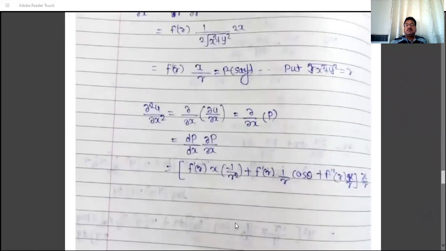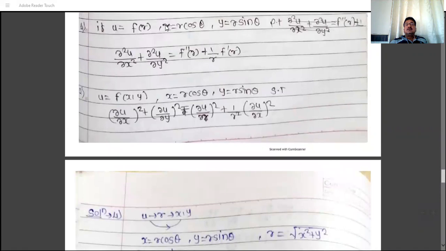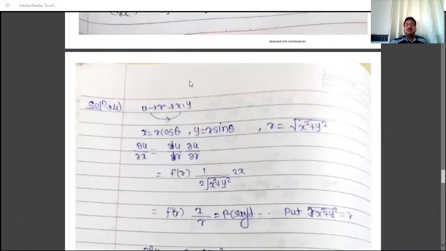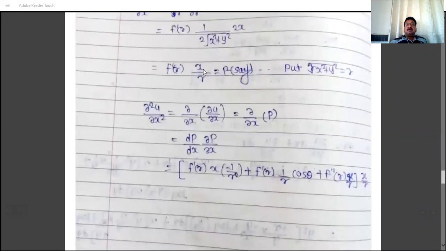So we have this. x is r cos theta, that is x is also a function of r and theta. So use f'(r) into x into 1 by r, that is the u into v into w rule. So first f'(r): ∂p/∂r is what? f'(r), x constant, 1 by r derivative is minus 1 by r square.